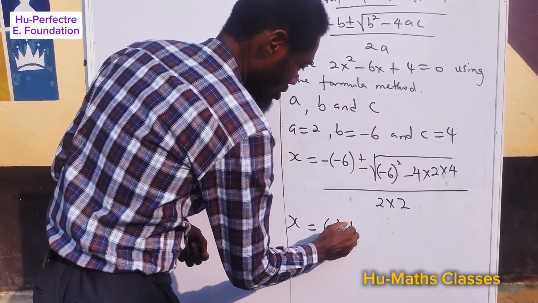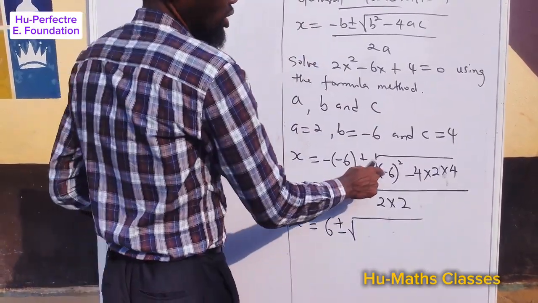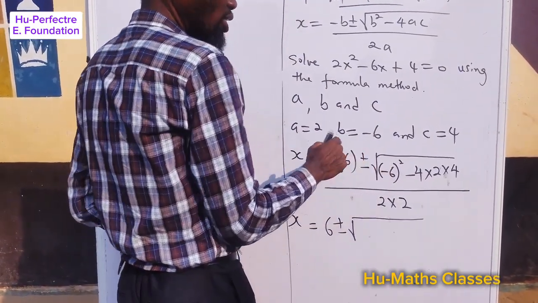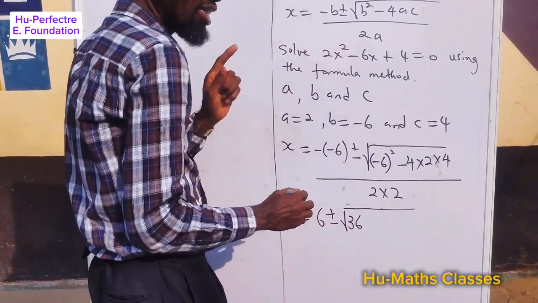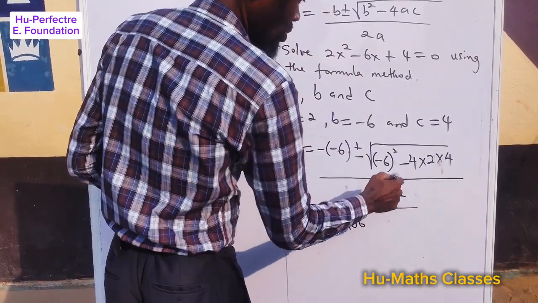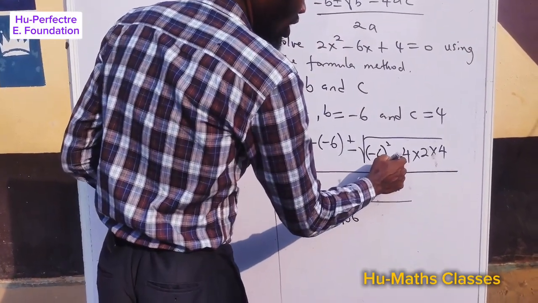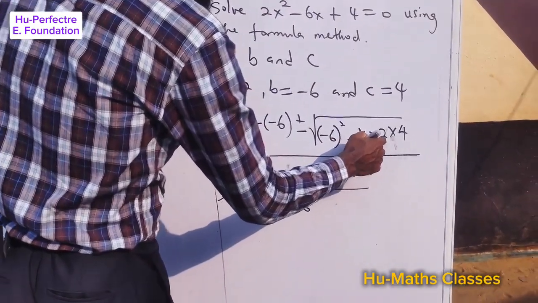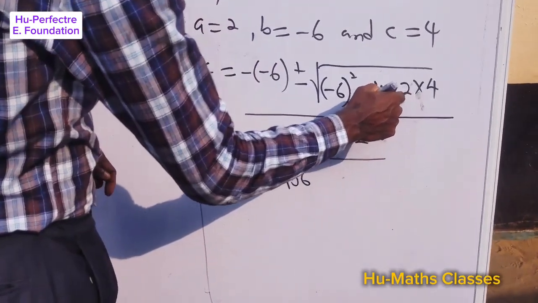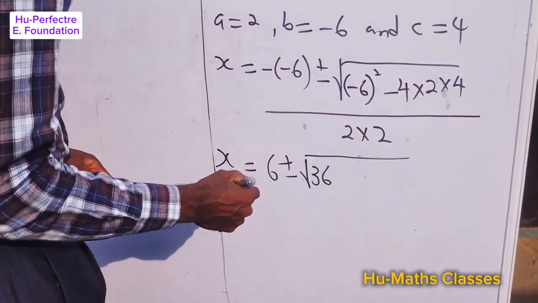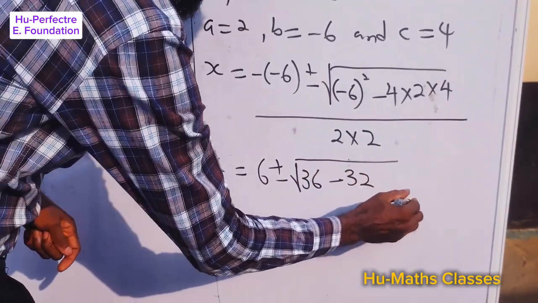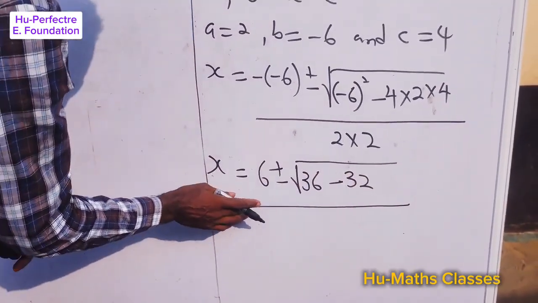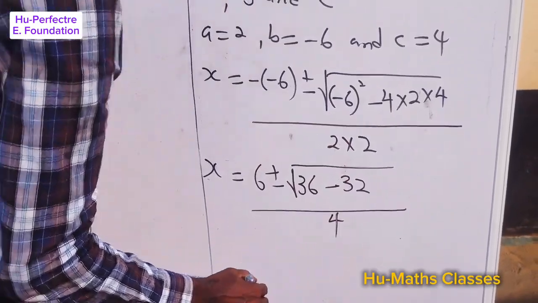Plus or minus, minus 6 squared is minus 6 times minus 6, which gives us 36. Then we have minus 4 times 2, which is 8, and minus 8 times 4 is minus 32. All over 2 times 2, which is 4.